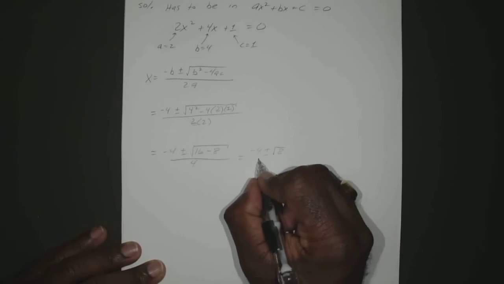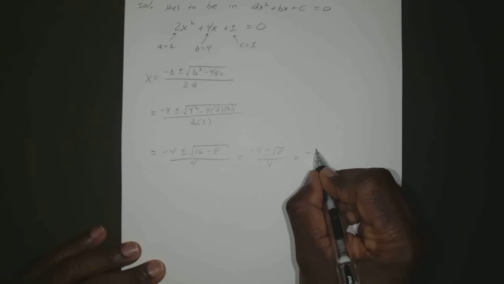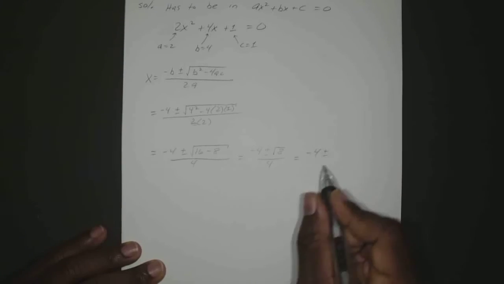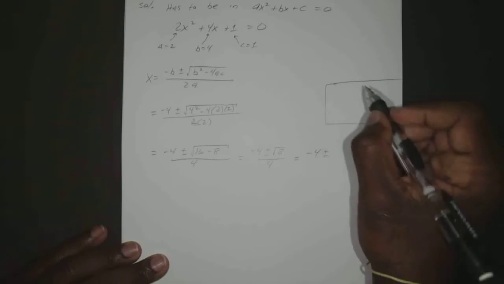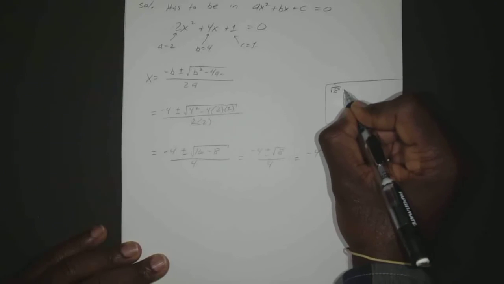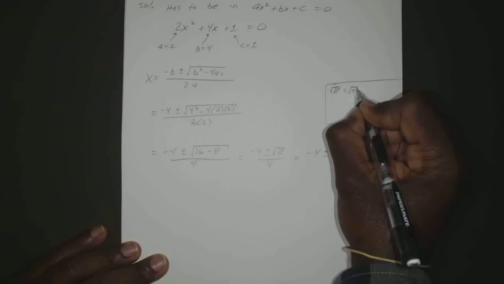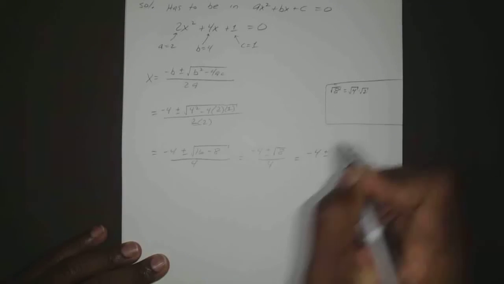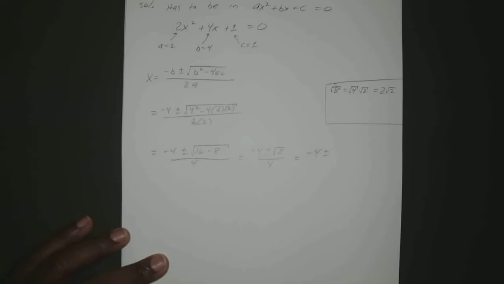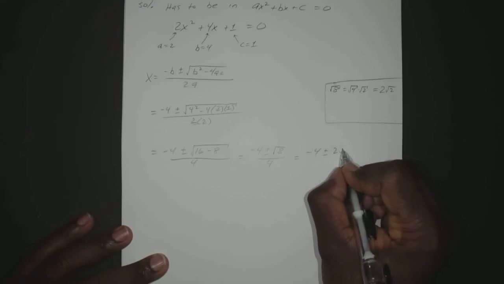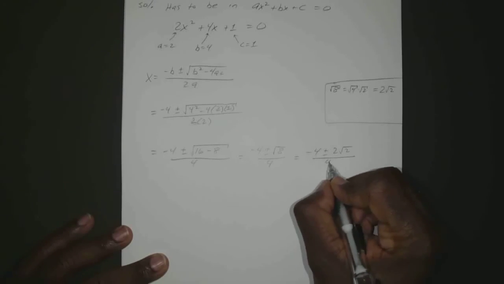So you have the square root of 8 over 4, which is negative 4 plus or minus, since 8, work that out here, square root of 8 is equal to square root of 4 times square root of 2. So you have 2 square root of 2, so 2 square root of 2 divided by 4.